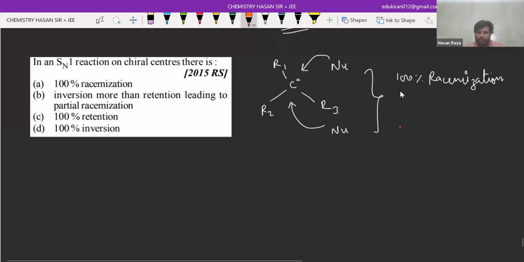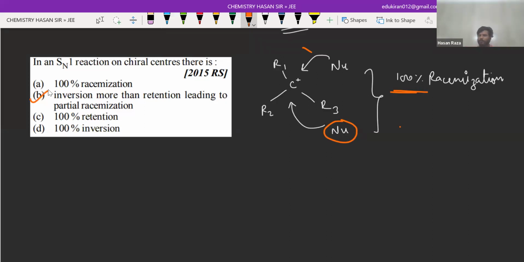There is no 100% probability that if back attack is happening, that means inversion is taking place, and if front attack is taking place, that means retention is taking place. It doesn't mean that it is 100% sure. If inversion is more than retention, it leads to partial racemization.